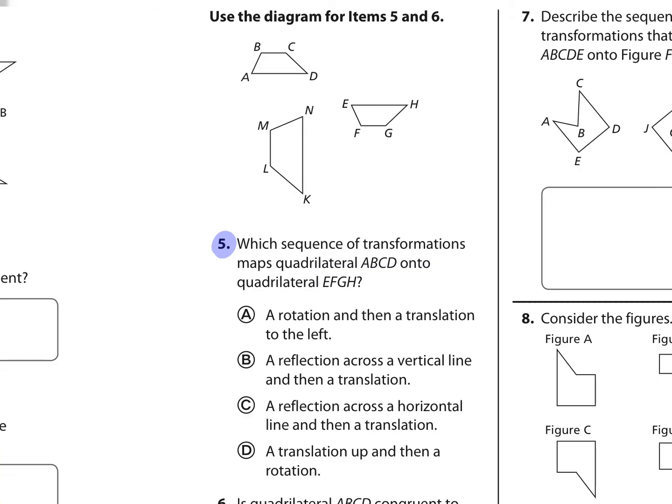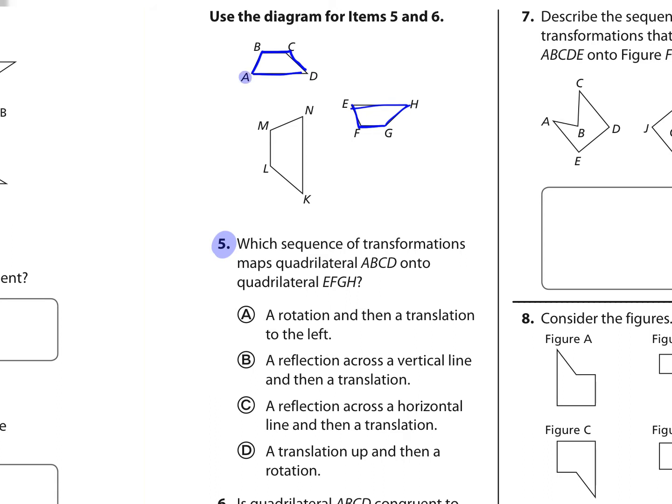Okay, so number 5, which sequence of transformations maps quadrilateral ABCD up here to quadrilateral EFGH up here? Okay, so one thing that you might notice is you would look at what points match up with each other.